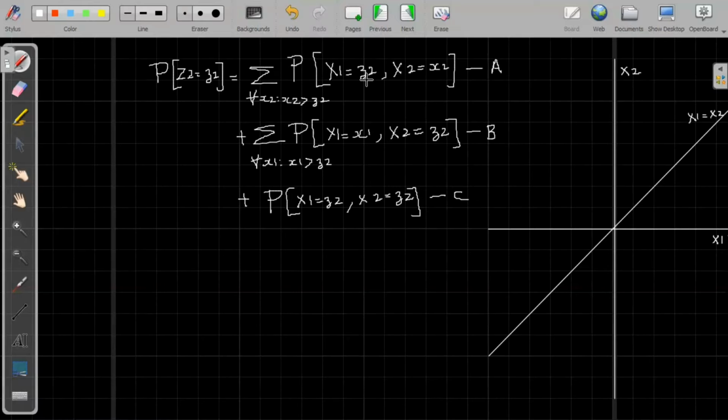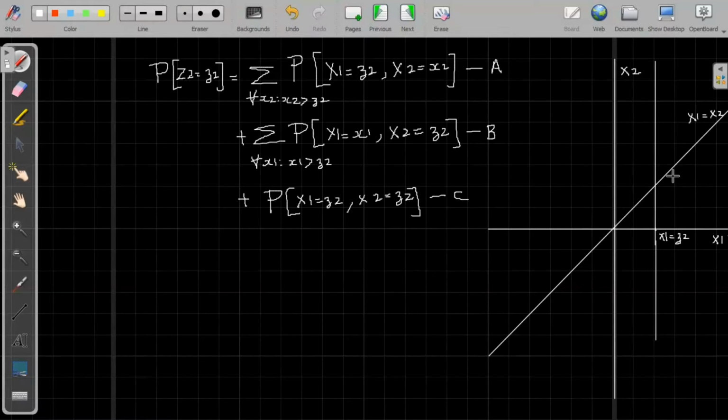So let's see what it means when x1 is fixed. Let's say this is the value on the x1 axis. At this point x1 is z2. So this line here which goes parallel to the x2 axis will be the x1 is equal to z2 line.